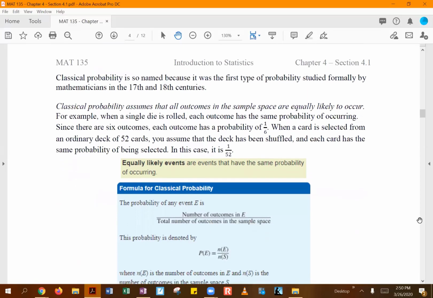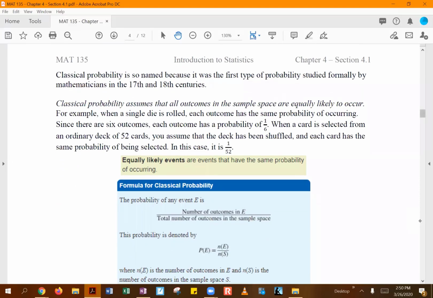Now, this is the interesting part about classical probability, and that's this little statement right here in italics. Classical probability assumes that all outcomes in the sample space are equally likely to occur. That means all outcomes in the sample space are going to have the same chance to occur.